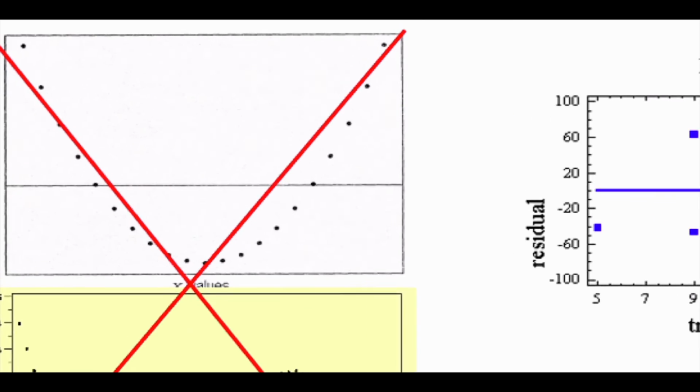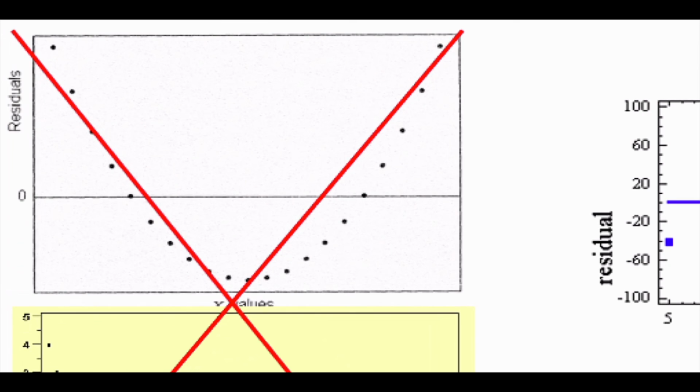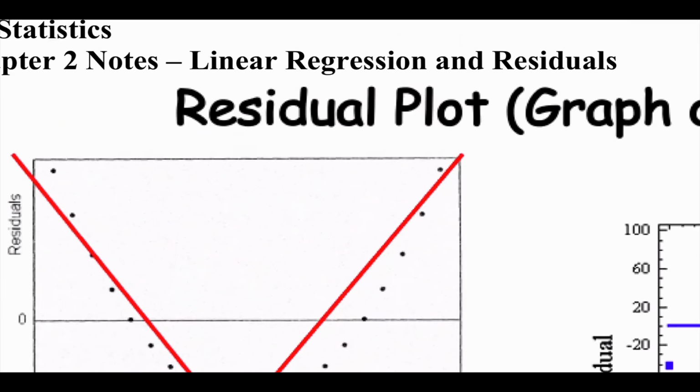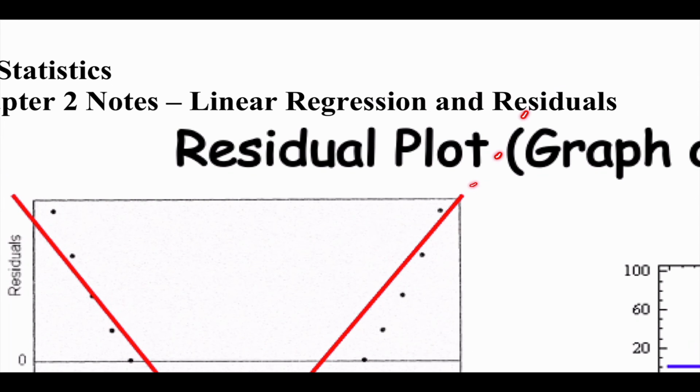Okay, why is a pattern bad? Why is a pattern bad? Well, look at this pattern. If I were to continue this pattern, where would the dots go? Up, up, up, up. Is that good if the dots go far away? It means my errors are getting bigger and bigger. That's not good, right? If I'm going to predict something, I better not have big errors.